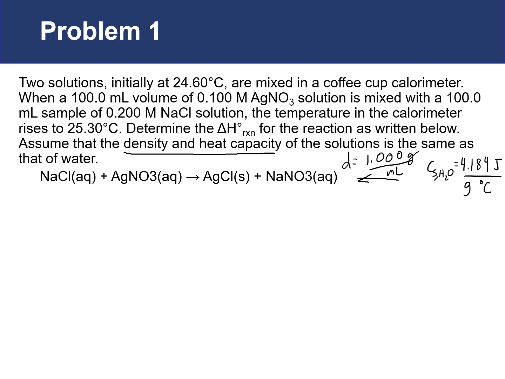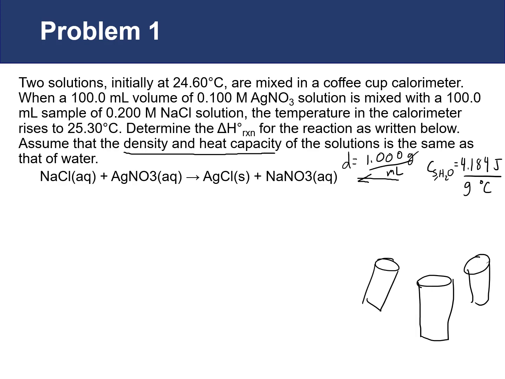Okay, so we have our reaction here. You'll notice that we have the same volume but different concentrations, and so we're going to have a limiting reagent situation. So we got a couple different things going on. In terms of what's actually happening is we have our coffee cup calorimeter, and we have two containers. Everything is at the same temperature.